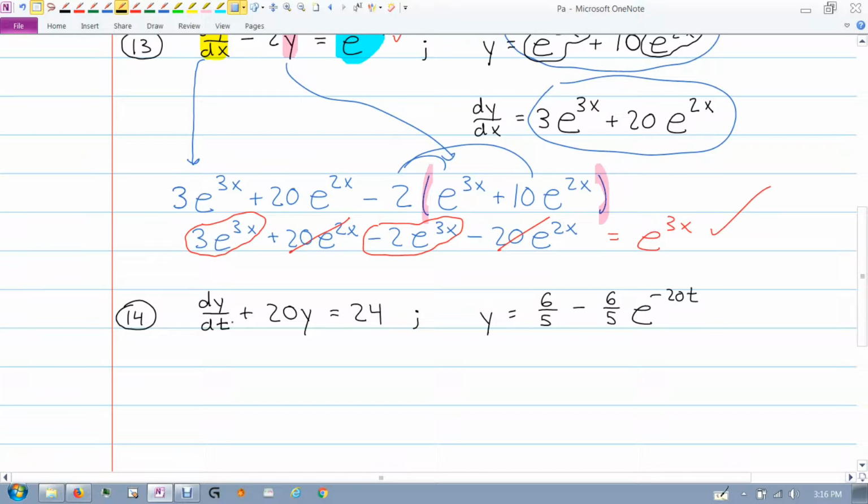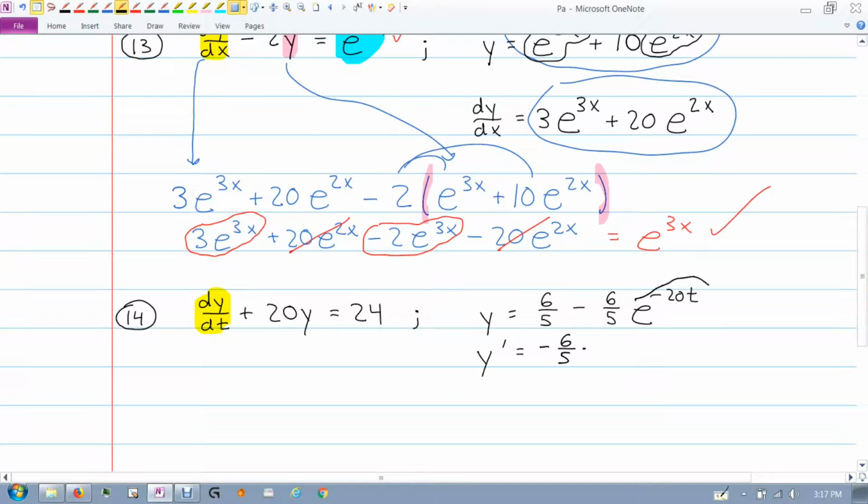All right, I'm going to need just the first derivative here. The derivative of a constant is 0, so I don't need to write that. Then over here, the negative 6/5 comes along for the ride.